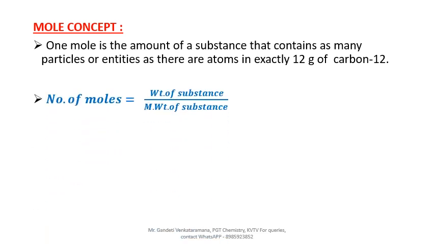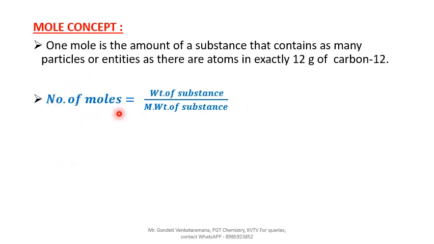This is very important: how to calculate number of moles. This is the backbone of the mole concept. This is the main important formula, how to calculate number of moles when the weight of the substance and the molecular weight of the substance are given. Again, this is a very important formula.